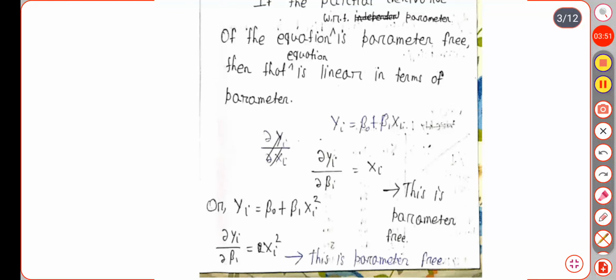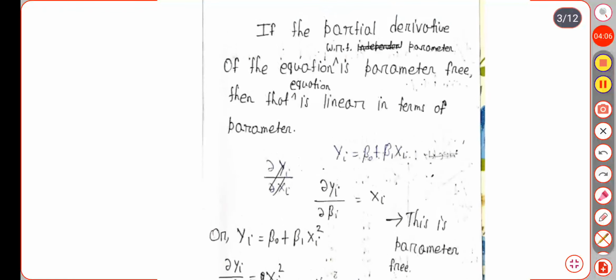So if I take the partial derivative of the dependent variable with respect to the parameters one by one, first with respect to beta 0, I get 1 only. If I take the partial derivative of yi with respect to beta 1, I get xi only.